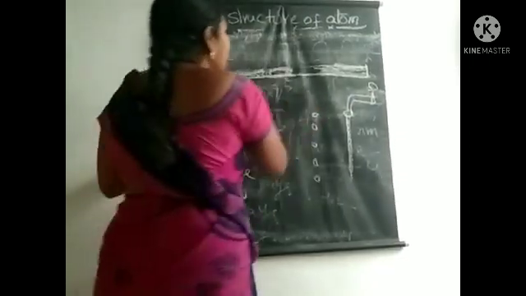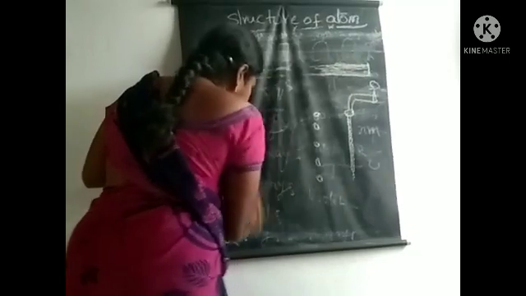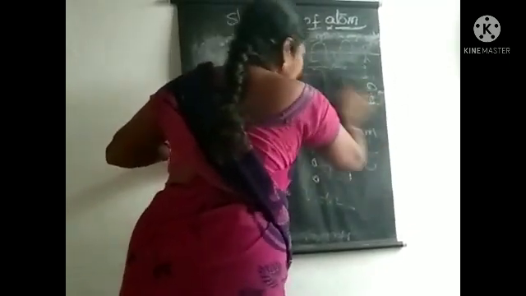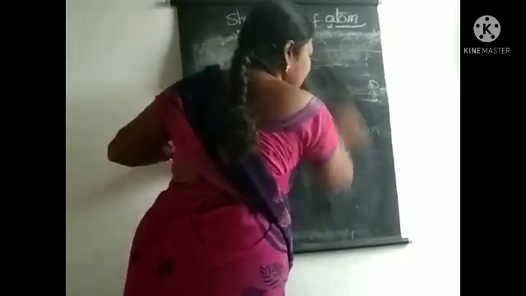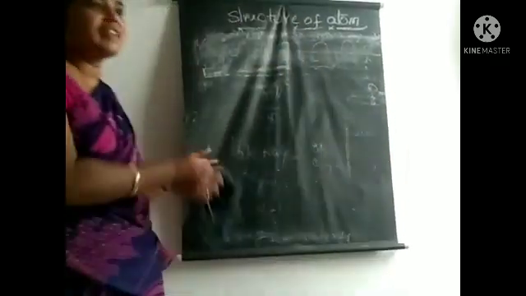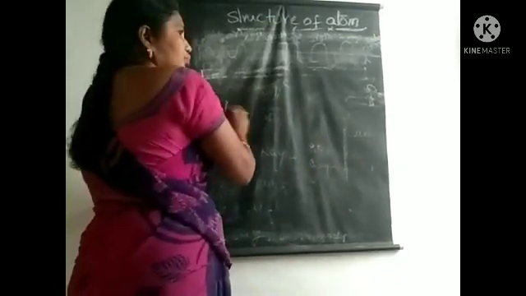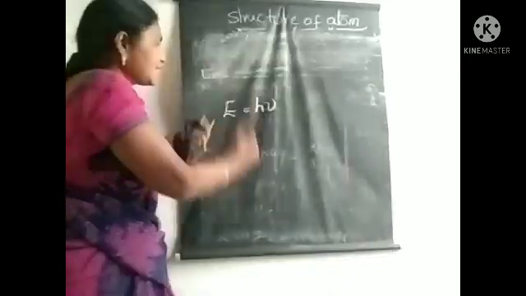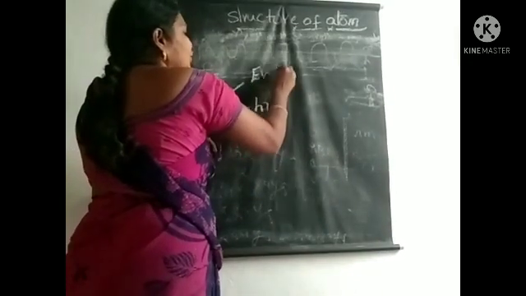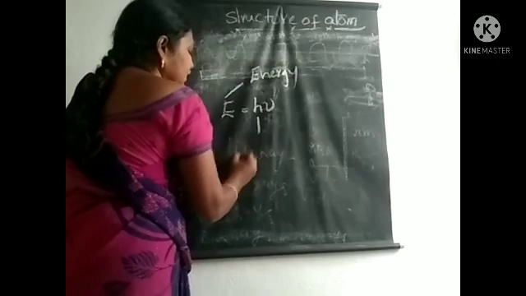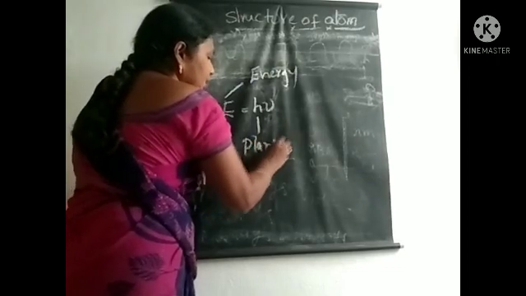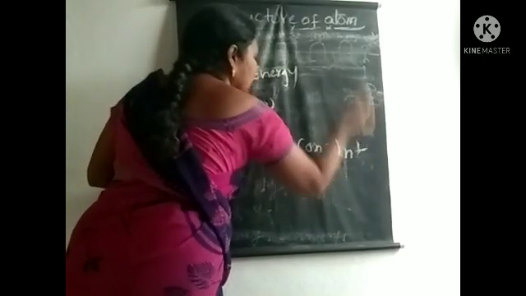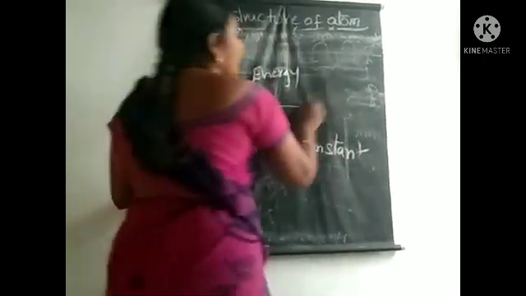Here, Max Planck gave one derivation for energy: E is equal to h mu. Here, E is energy, h is Planck's constant, and mu is frequency.